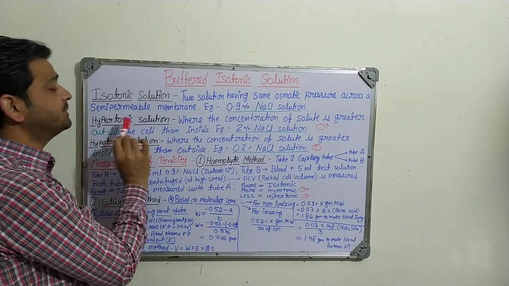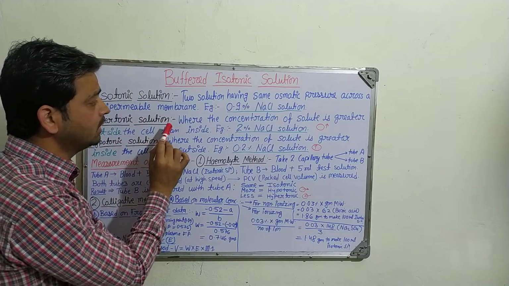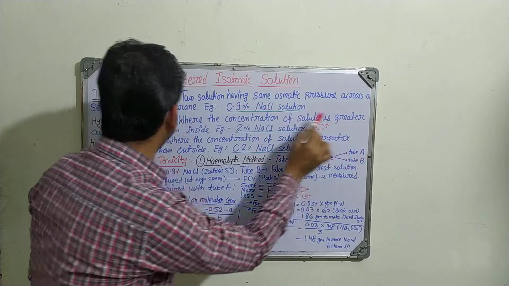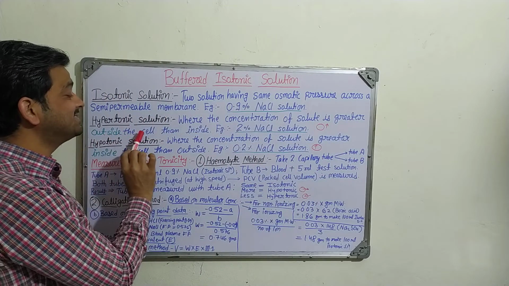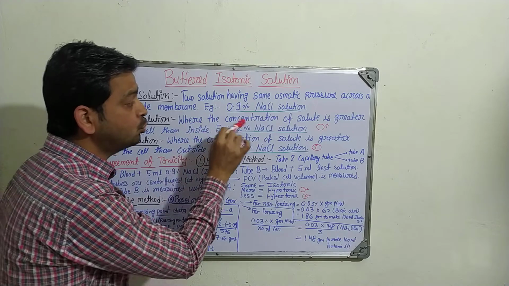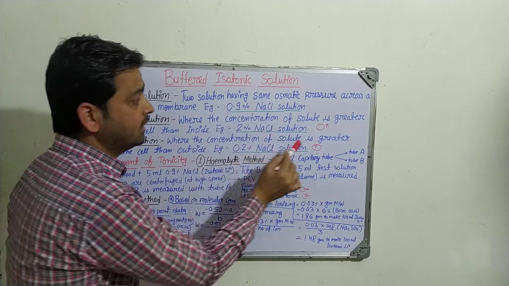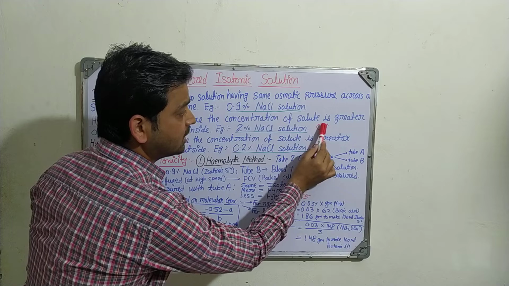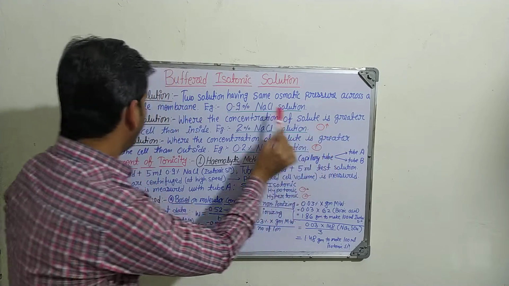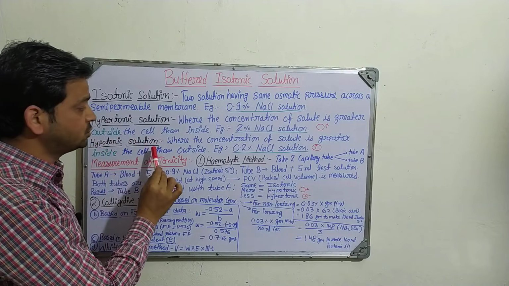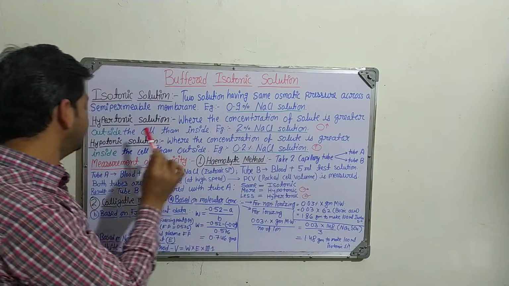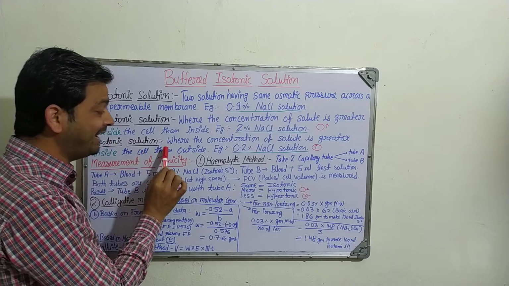Coming to the hypertonic solution, what is hypertonic? It is where the concentration of solute is greater outside the cell than inside. For example, 2% sodium chloride solution, right? Whereas in the hypotonic solution, the concentration of solute is greater inside the cell than outside.